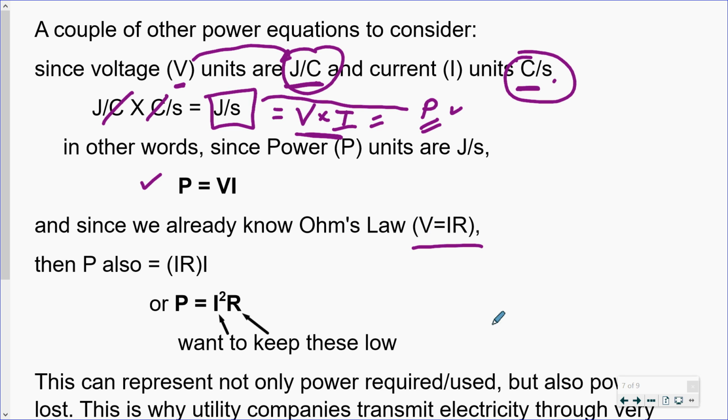Ohm's law, of course, we can take this equation, we can rearrange it to solve not only for voltage, we can solve for current, we can solve for resistance. So just to quickly do that, if we needed to solve for resistance, it would be voltage divided by the current.